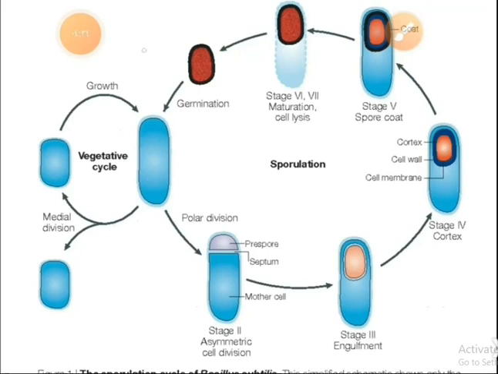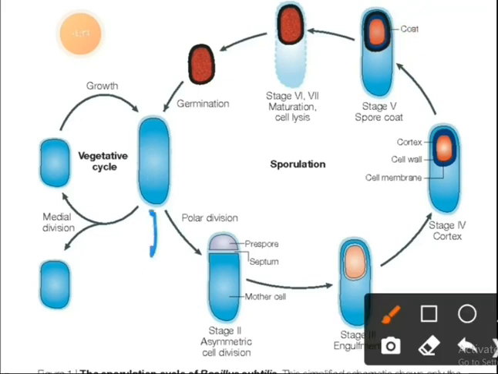First we have the vegetative cell, and the reproduction of this vegetative cell is by binary fission. When there are nutrient substances, it will continue the vegetative cycle, while when there is abnormal temperature, a decrease in nutrient substances, or dryness, it will change to spore formation.